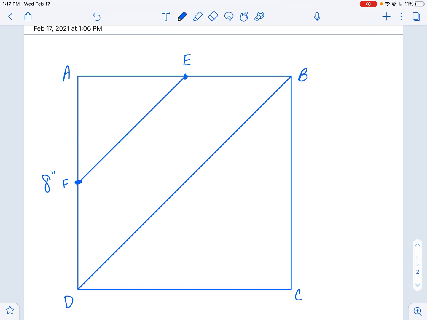Okay, and this is where it gets a little bit interesting. You're going to have to keep finding midpoints. So the midpoint thing never goes away. We're going to find the midpoint of EF.